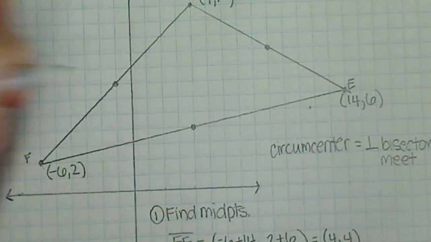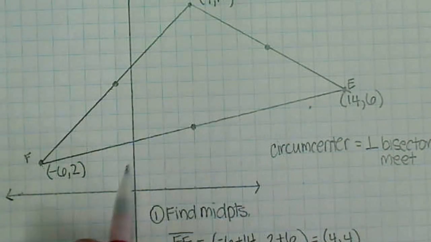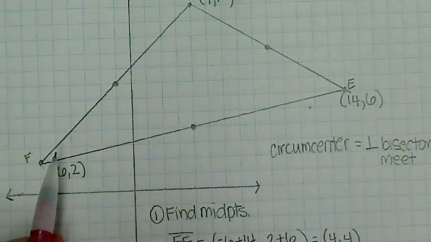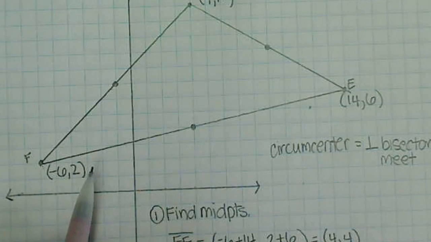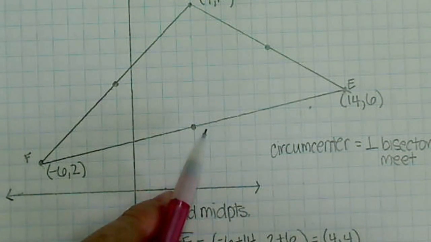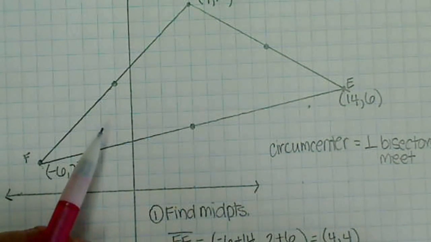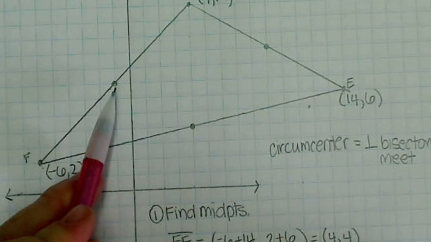It's right there. Okay? We have all of our midpoints, so we know that it is going to bisect each of our sides. But to find the circumcenter, which remember could be outside the triangle, on the triangle, or inside, we have to find the perpendicular. We have to make each of these be perpendicular.